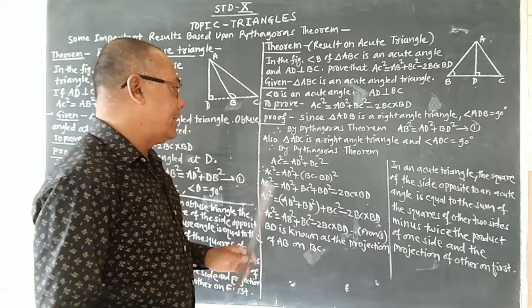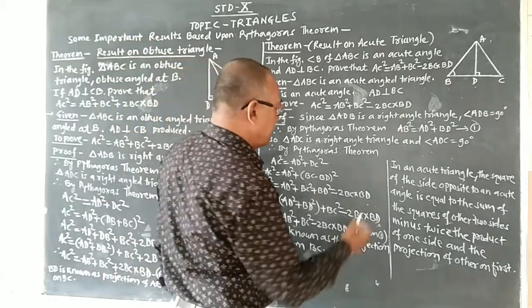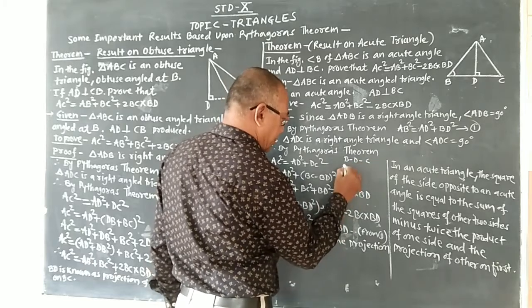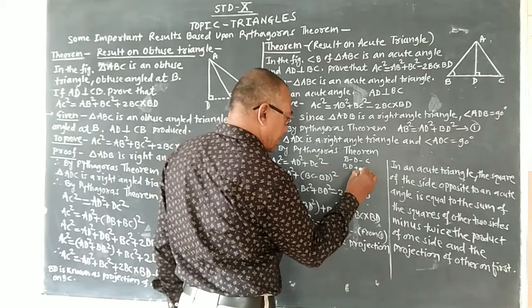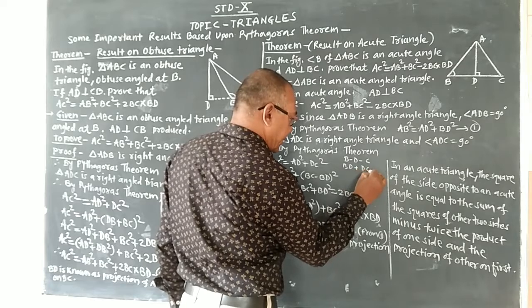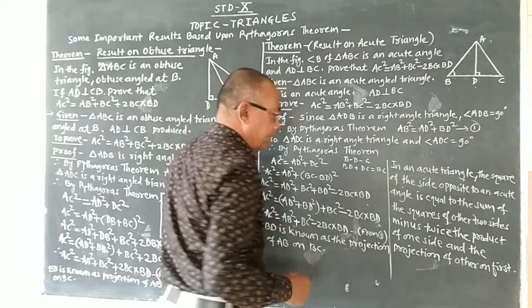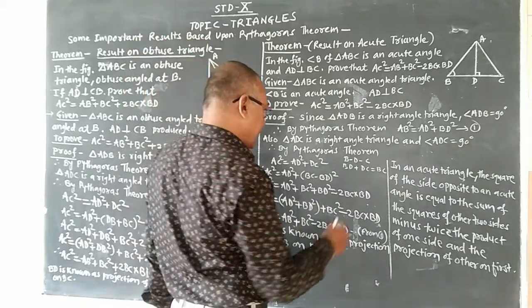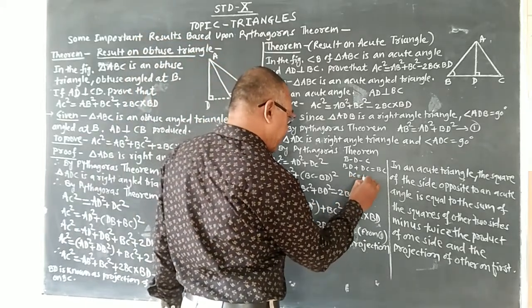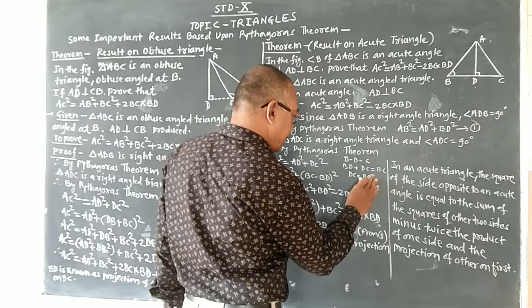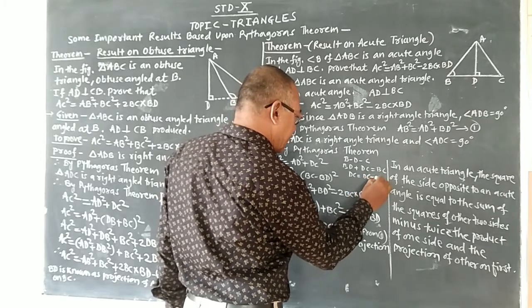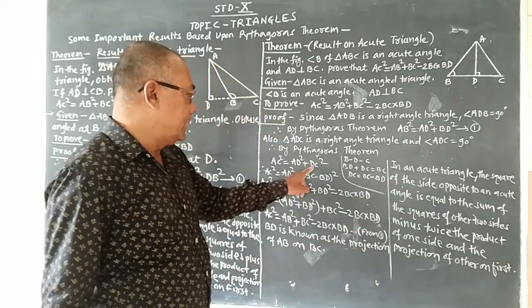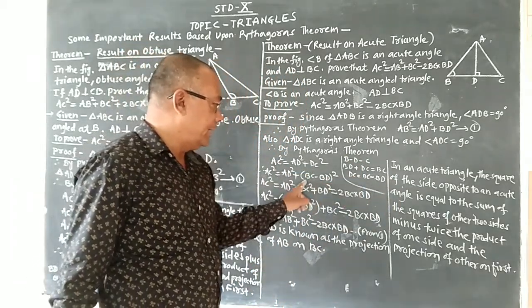But we can write here, B between S, D between S, C, and therefore BD plus DC is equal to BC, and therefore DC is equal to BC minus BD.